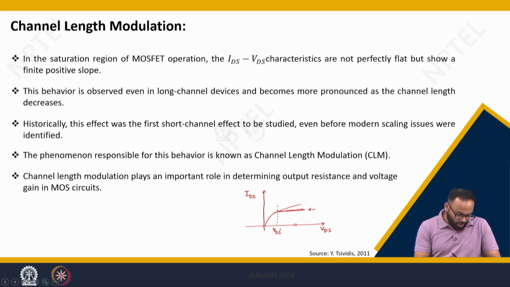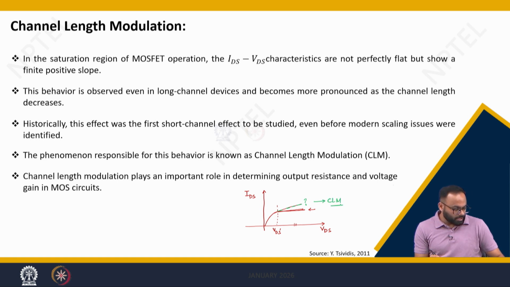However, when you incorporate CLM, meaning in short channel devices, this shows a non-zero slope, which will give you a non-zero output resistance or non-zero output conductance when you incorporate these devices in analog circuits. So the physical origin of this non-zero output resistance or conductance is explained in terms of CLM.